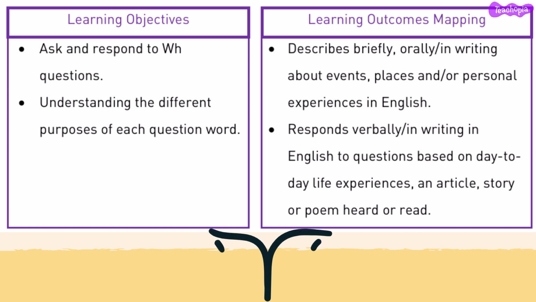The learners will describe briefly, orally or in writing, events, places, or personal experiences in English, and they will respond verbally or in writing to questions based on day-to-day life experiences, an article, story, or poem in English. So those are our learning objectives and learning outcomes.